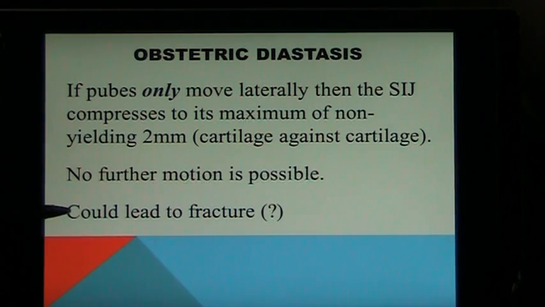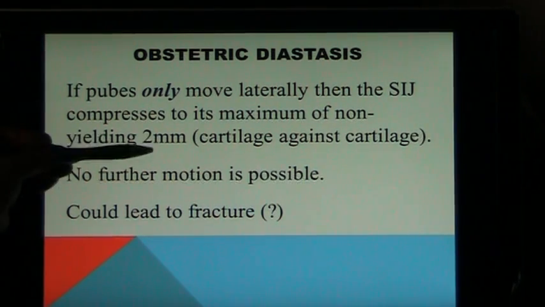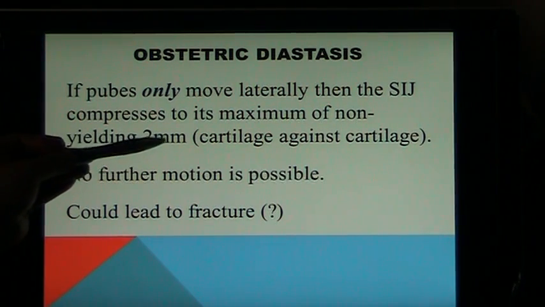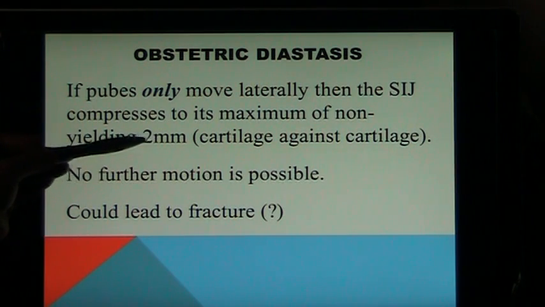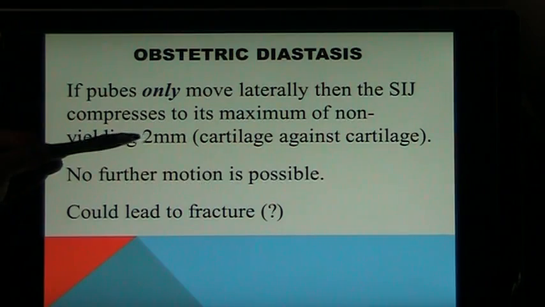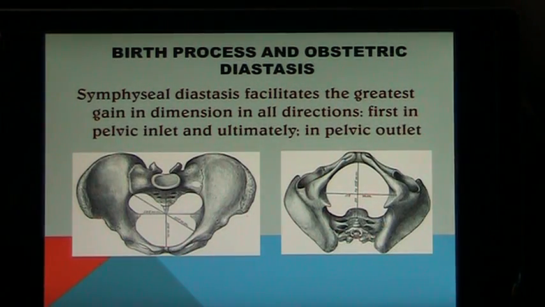Maybe. We don't hear about obstetric fracture. This is not very efficient. Only 2 millimeters, of course it's on both sides, so you could say it gains 4 millimeters in a normative joint space, but I think there's another mechanism that gives them a little bit more space.